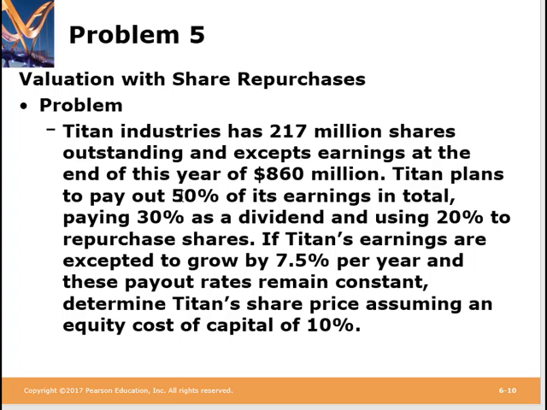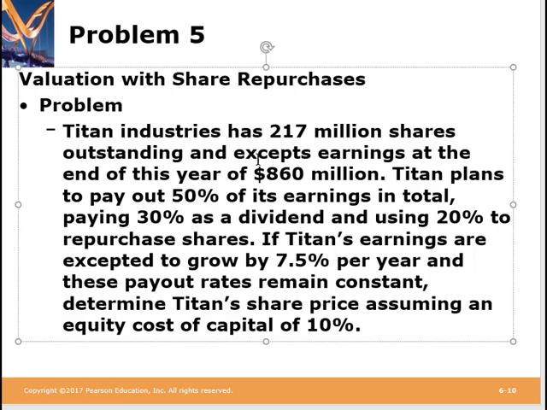Titan plans to pay out 50% of its earnings in total, 30% as a dividend, and using 20% to repurchase shares. If Titan's earnings are expected to grow by 7.5% per year, and these payout rates remain constant, find the share price assuming an equity cost of capital of 10%.